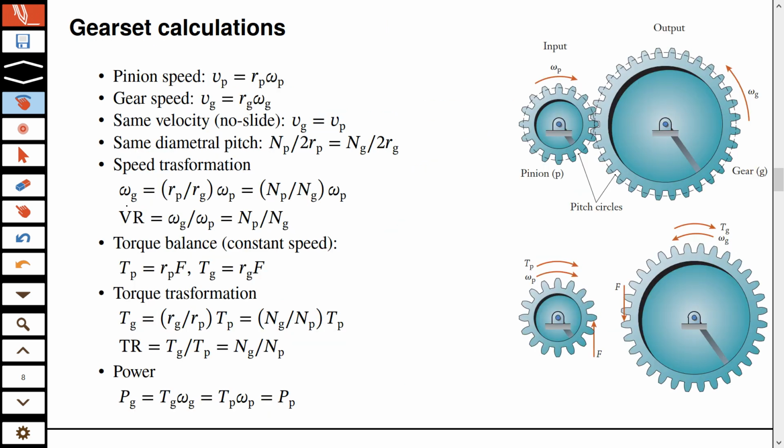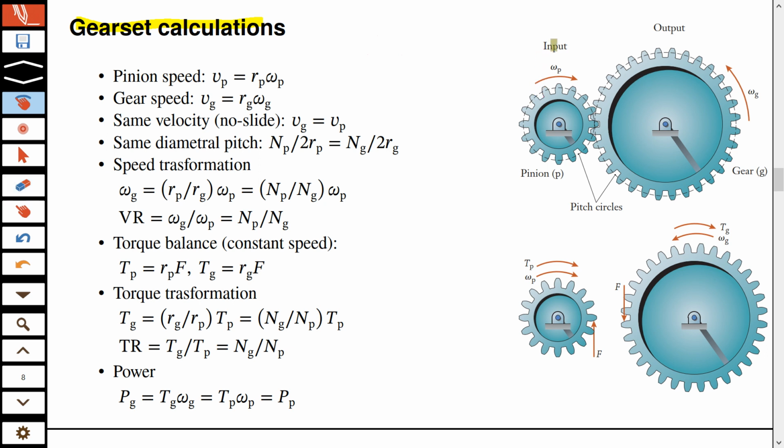So we can now start some calculations on simple configurations, and that is the spur gears, okay? So we just study things for spur gears, and later on we can see how much of that can be applied to more complex gears. So if you see this now, you have two gears, or you can say a gear set.